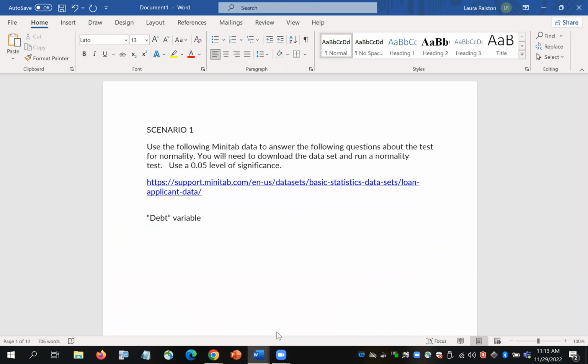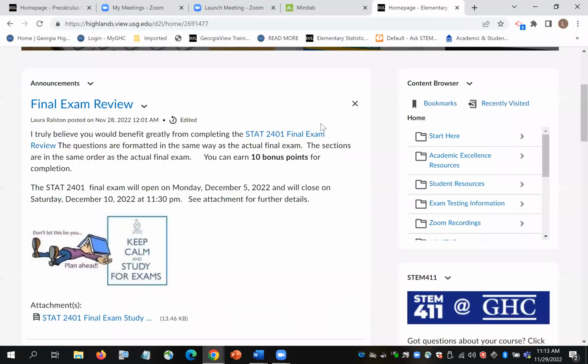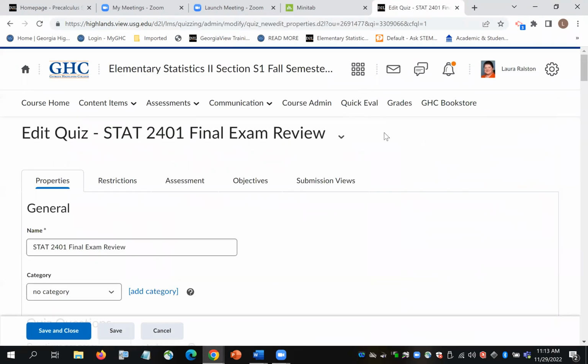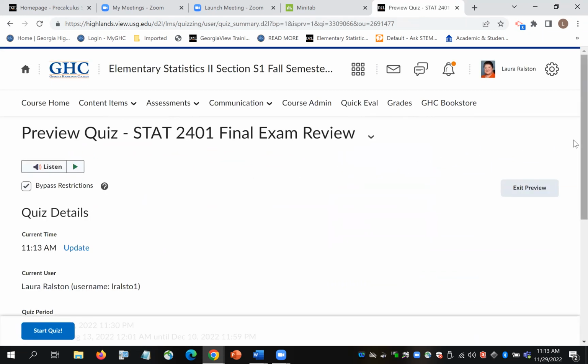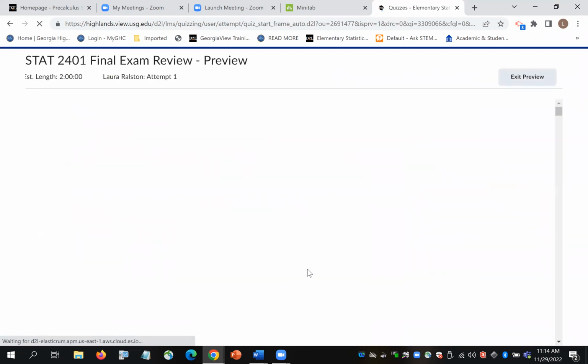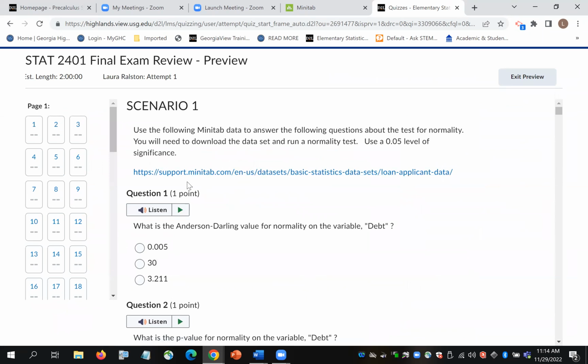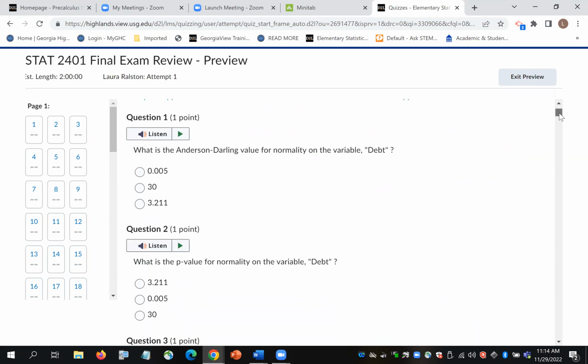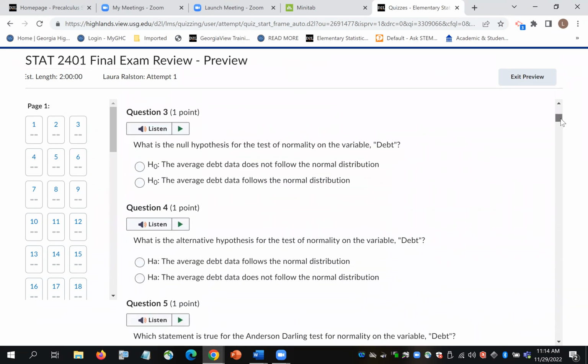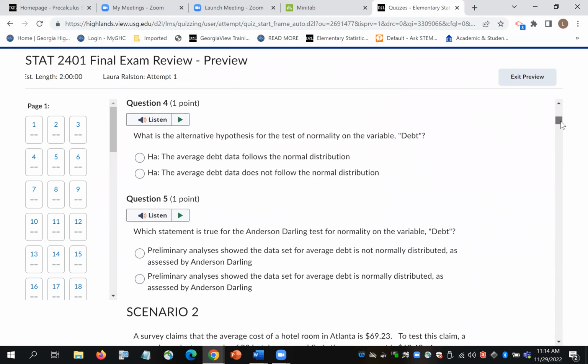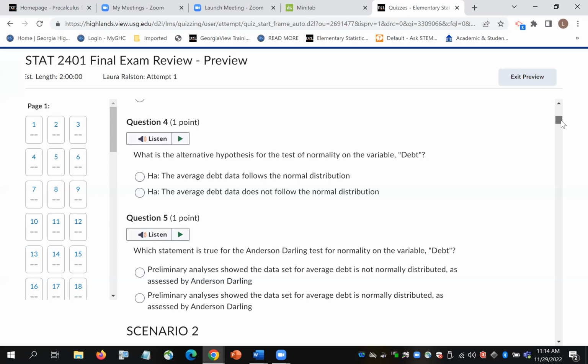So I'd like to dive into the actual Stat 2401 review. Again, it's in D2L, and I've pulled the information into Word for us to look at. One of the things that I personally would encourage you to do is to read the scenario, maybe read through the questions, because they might give you a clue about how to work the problem, what test you're doing, that kind of thing.